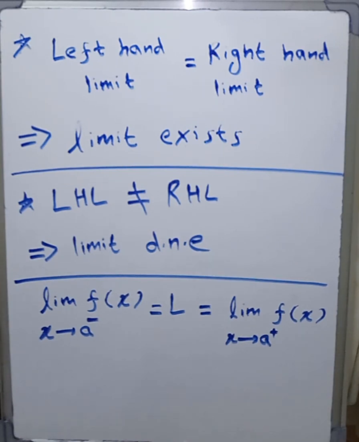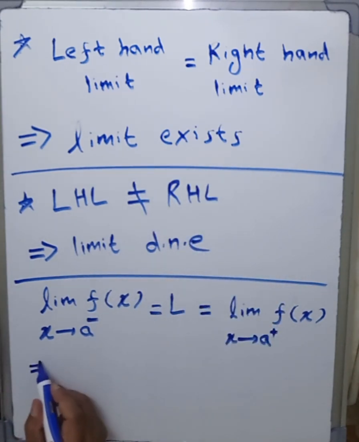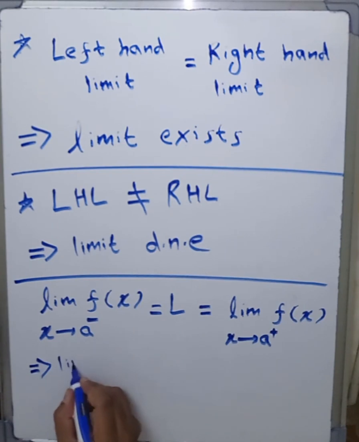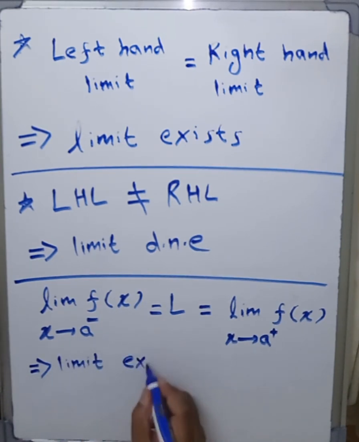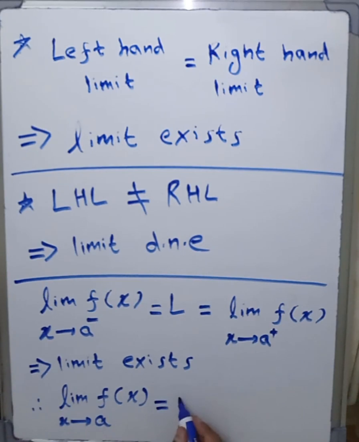It means that the limit exists. So we can write this implies the limit exists. In this case, we write the limit of the function f(x) as x tends to a. No need to write from left or from right. This is equal to L.